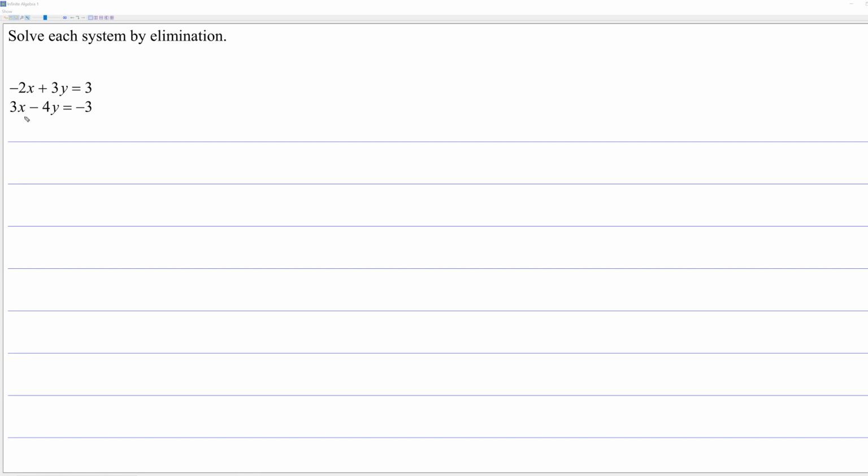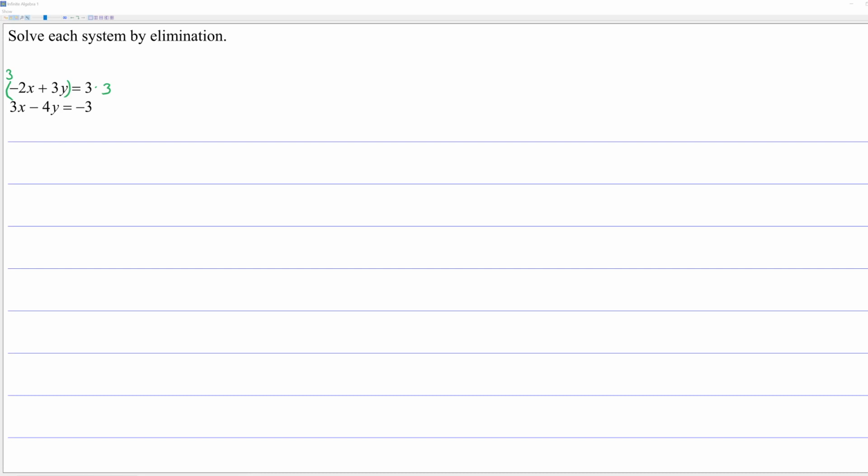So unfortunately, what you have to do is multiply both of the equations by some number. So what you should probably do is pick whichever variable you want to eliminate. It doesn't really matter which, it's about the same amount of work either way. So if we look at the -2x and the +3x, think about what the least common multiple of those two numbers is. Well, the least common multiple of 2 and 3 is 6. So if I were to multiply the top equation by 3, I would have a -6x.